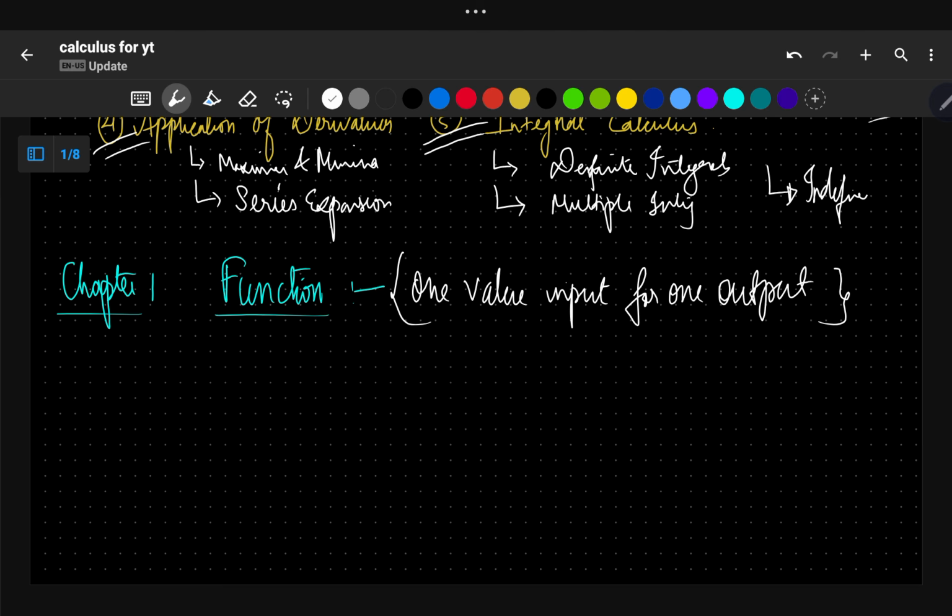So function basically consists of independent and dependent variables, right? So what is an independent and dependent variable? Let us see, this is something called y is a function of x. So this is called y as a function of x, in which y is the dependent variable. What is a variable?